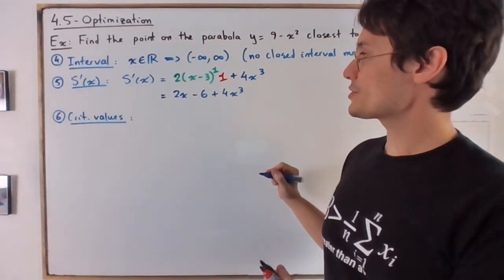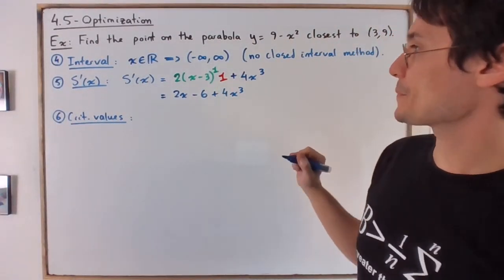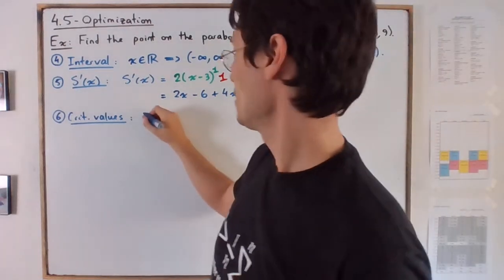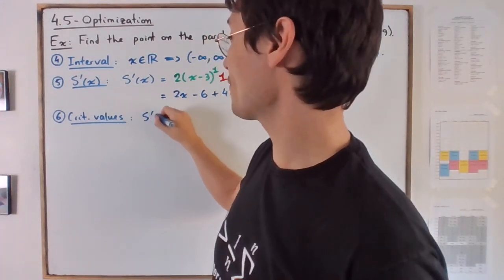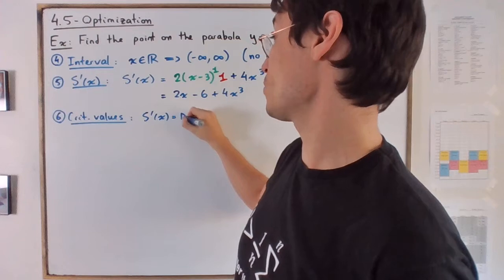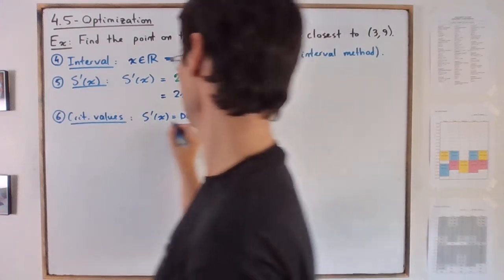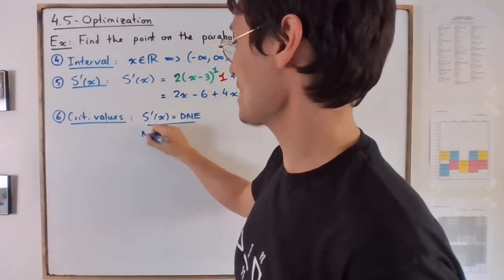Okay, so all right. So obviously there is no value for which S prime of x is equal to DNE. Okay, so this happens nowhere.